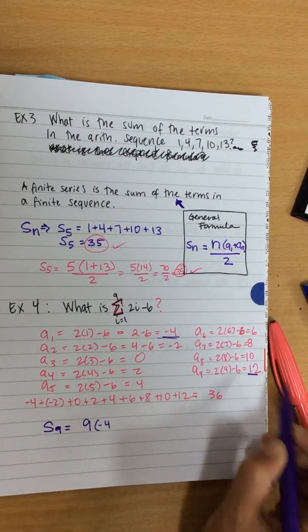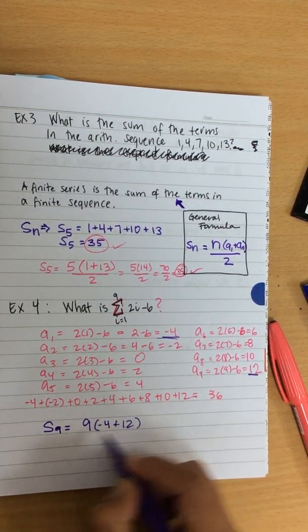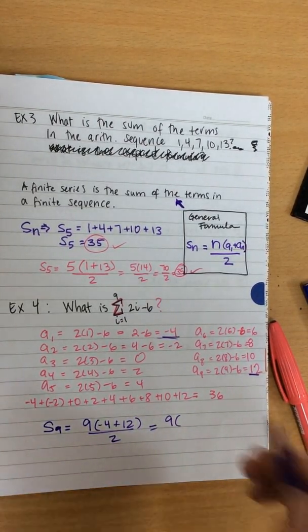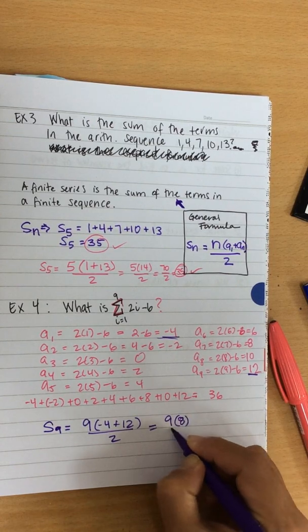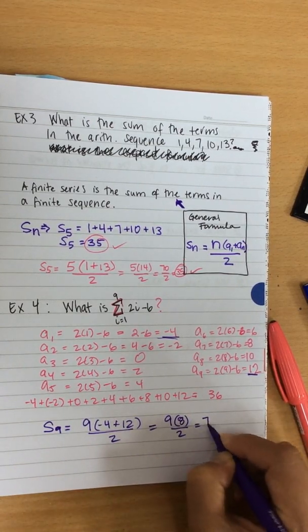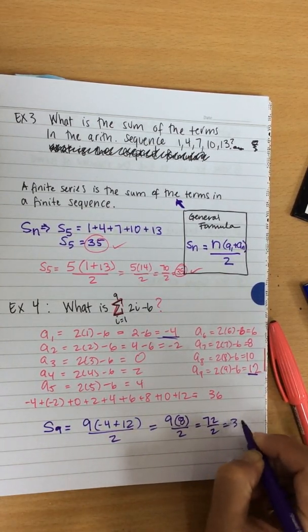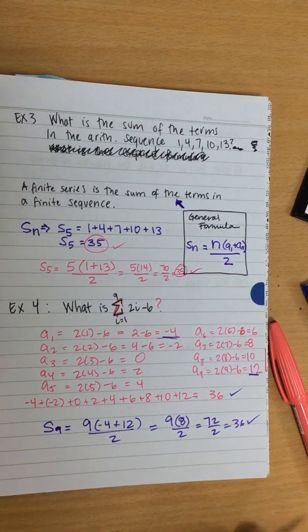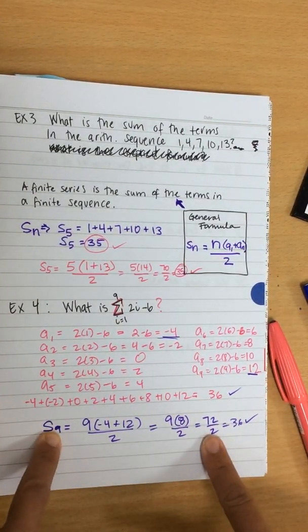My last term is 12, all over 2, which comes out to 9 times 8 over 2, which comes out to 72 over 2, which is 36. So those are the 2 different ways you could have done that to find a summation. Okay? This one, a lot quicker.